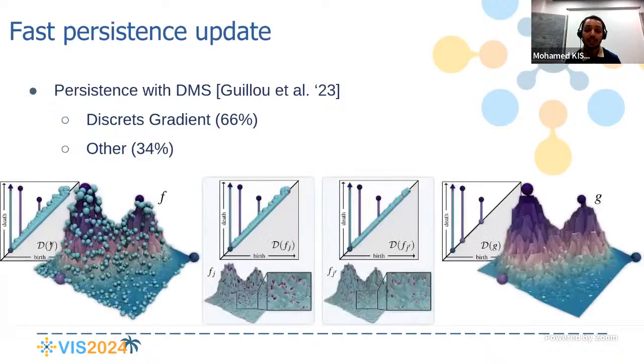As we saw in the previous slide, we compute the persistence diagram of our data at each iteration. This leads us to consider how we could speed up this process. It is important to note that we use the DMS algorithm to compute the persistence diagram. Upon closer examination of the DMS algorithm, we found that 66% of the time is spent computing the discrete gradient.